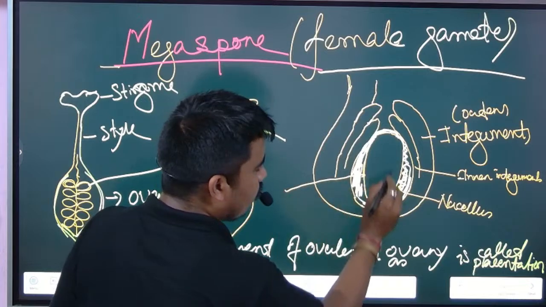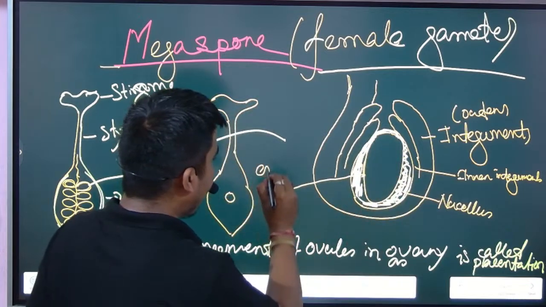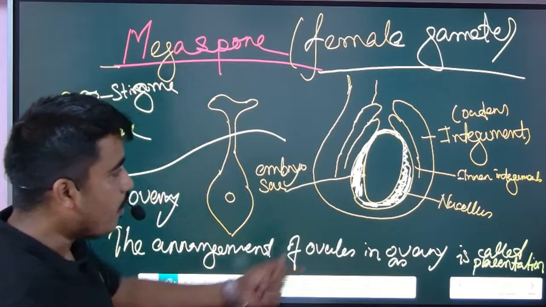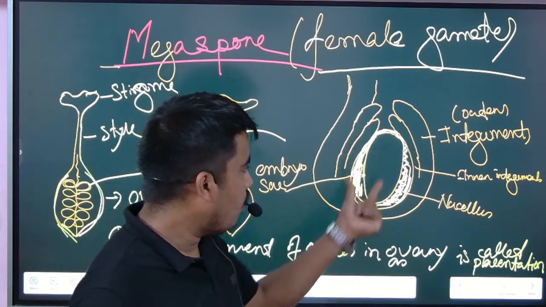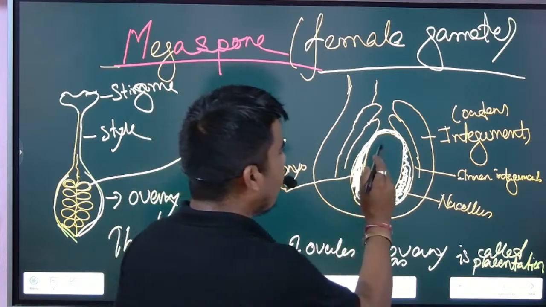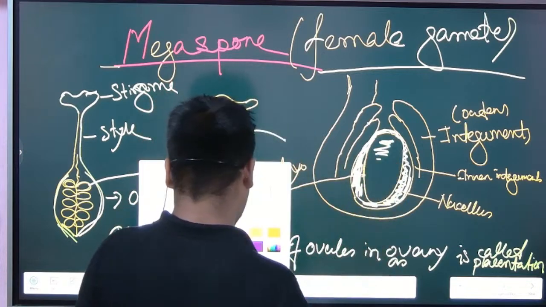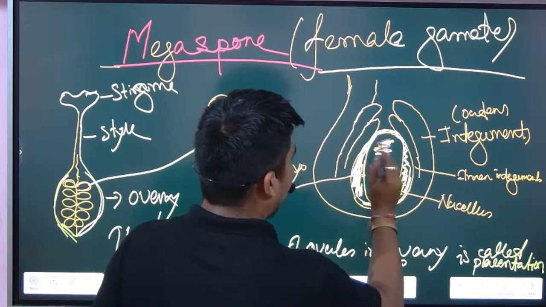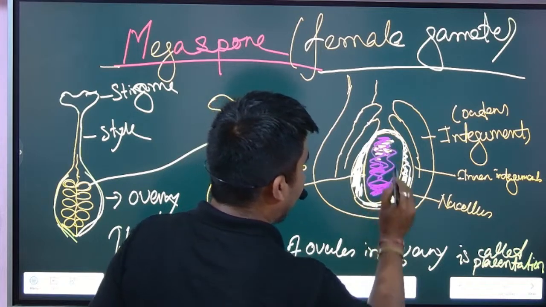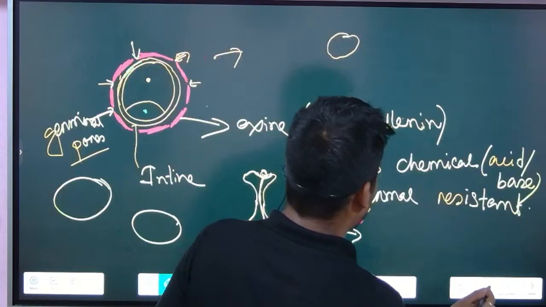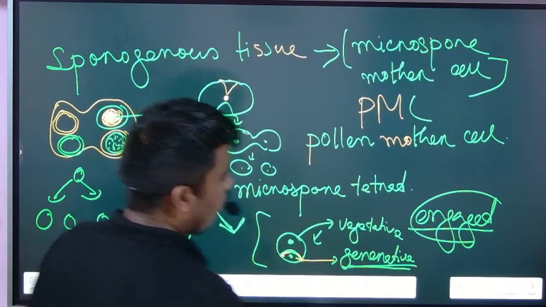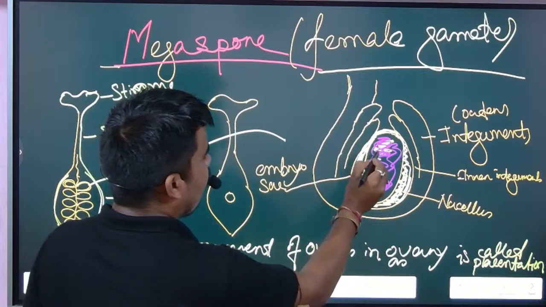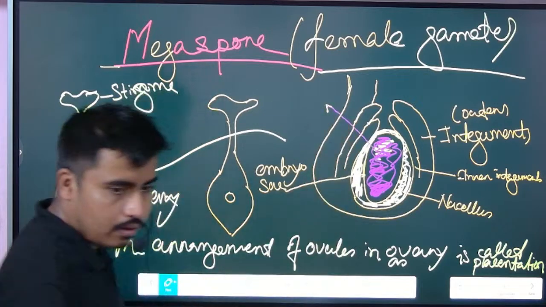And this whole sac is called the embryo sac. So inside the sac there is a tissue, you can say. Let's make it another color. Like in the male case there was the pollen mother cell, here there will be the megaspore mother cell, isn't it?